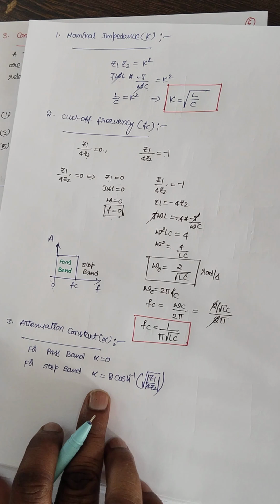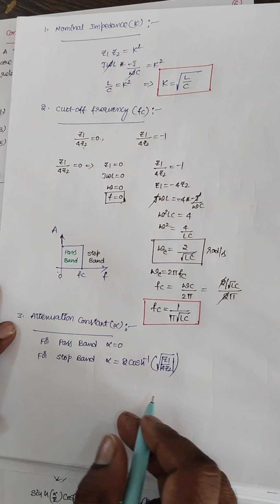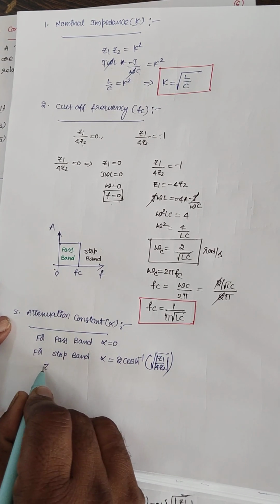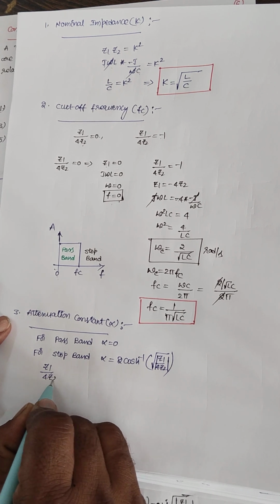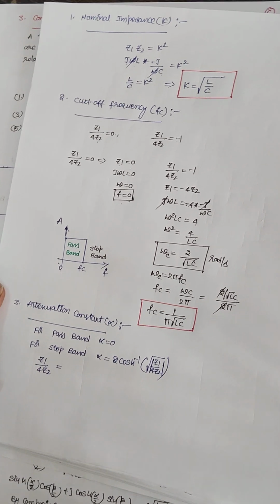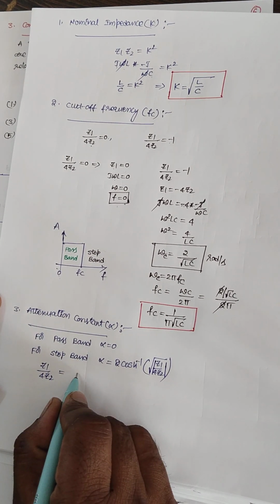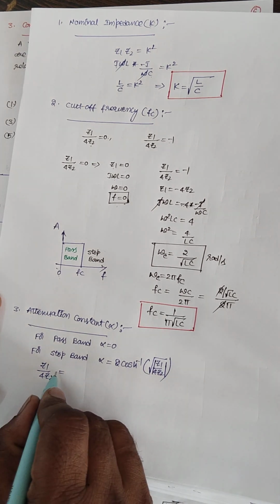To find this expression for alpha, solve z1 by 4 z2. What is the value of z1 here? I need to take the modulus also here.